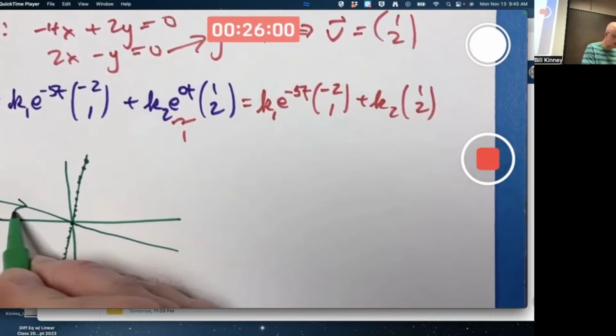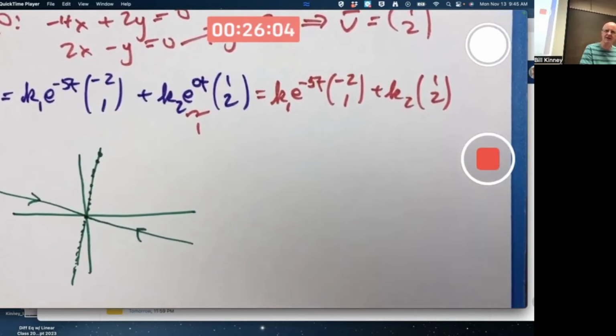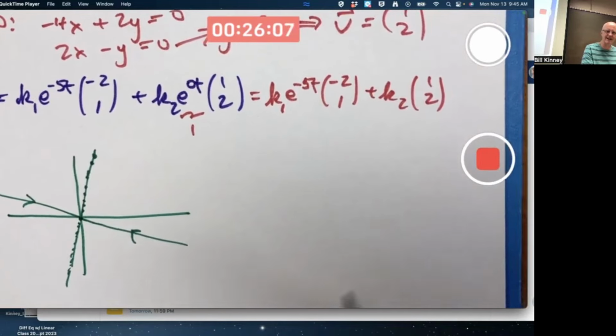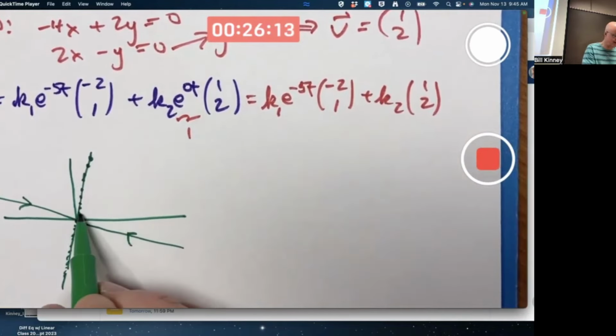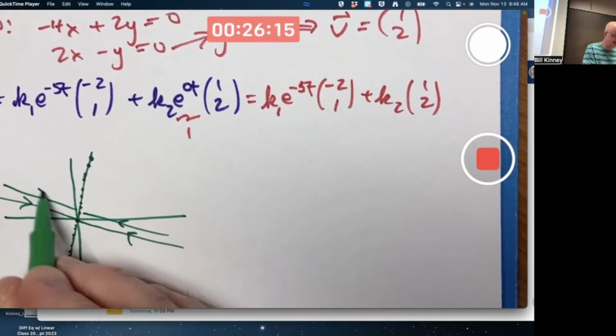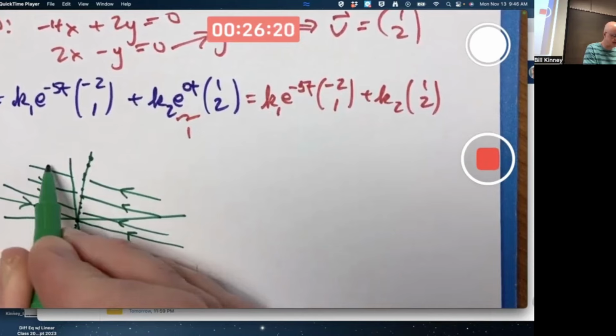There is a straight line solution heading to the origin like that. But all other solutions actually are straight line solutions as well. They head to non-zero vectors. This is a pretty strange looking phase plane, isn't it? But that's the way it is.